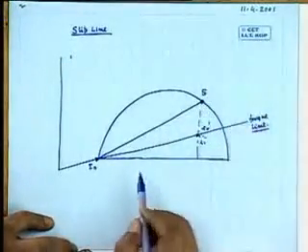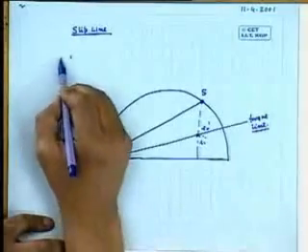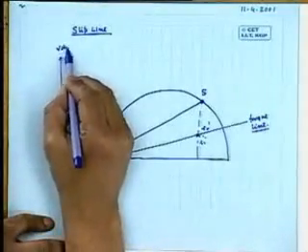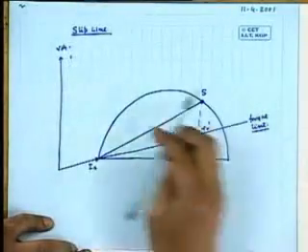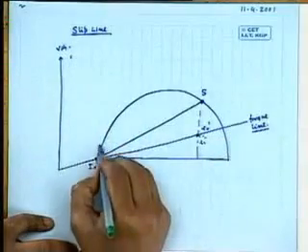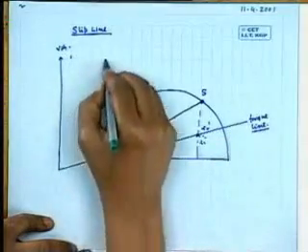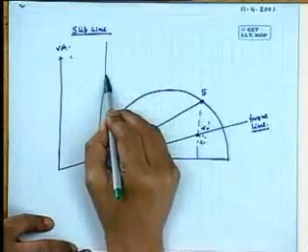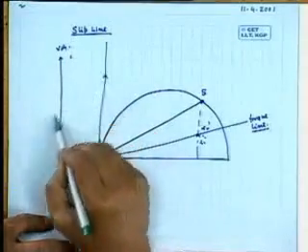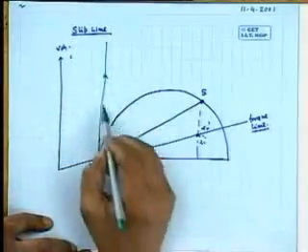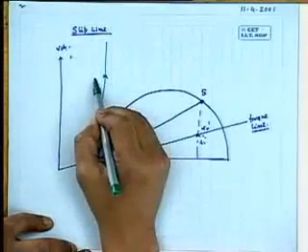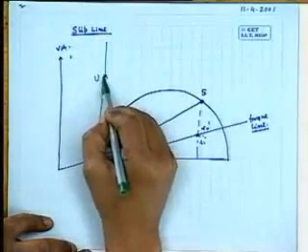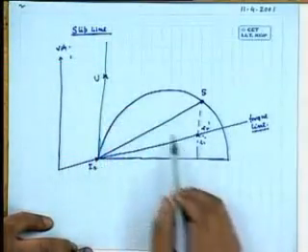Now, once again, like the previous, this is the voltage phasor axis. You take any point here. You drop a line parallel to this one. Take any point on this, say U. You take any point U here.